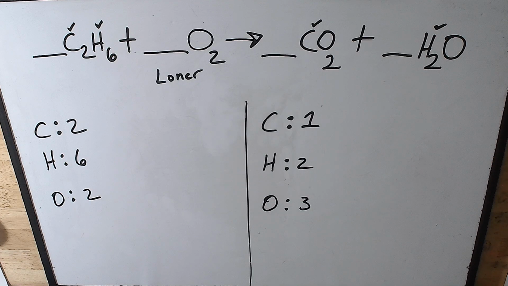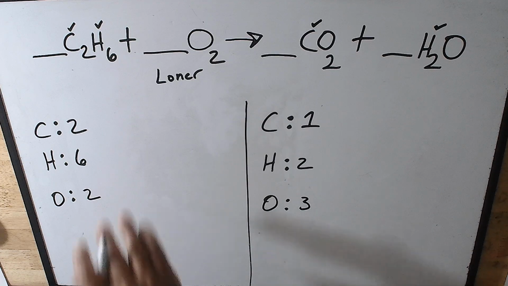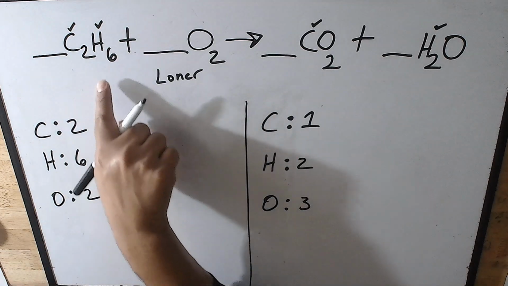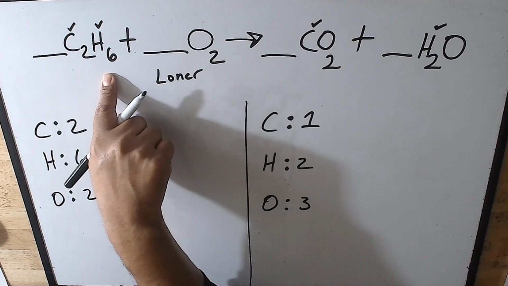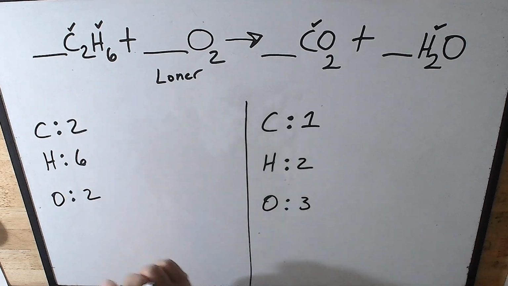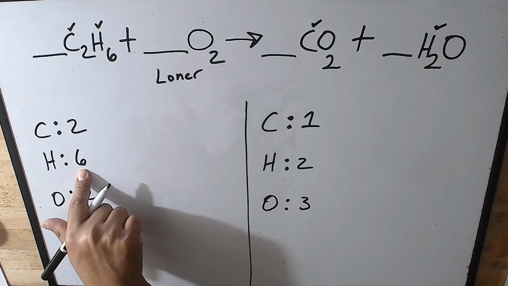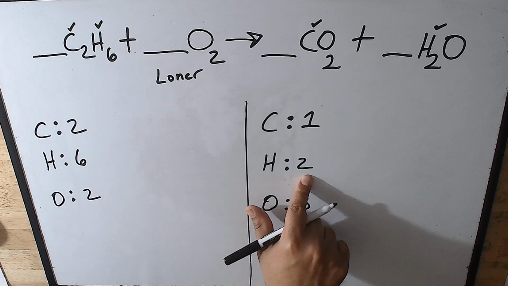Next, we're going to start with the largest 1:1 ratio, also known as the pair element. And this is the element that has the largest subscript. So based on the ones that we put the check mark on, the one with the largest subscript is going to be the hydrogen in the reactant side. So I know I have 6 atoms of hydrogen, and over here we have 2 atoms of hydrogen.